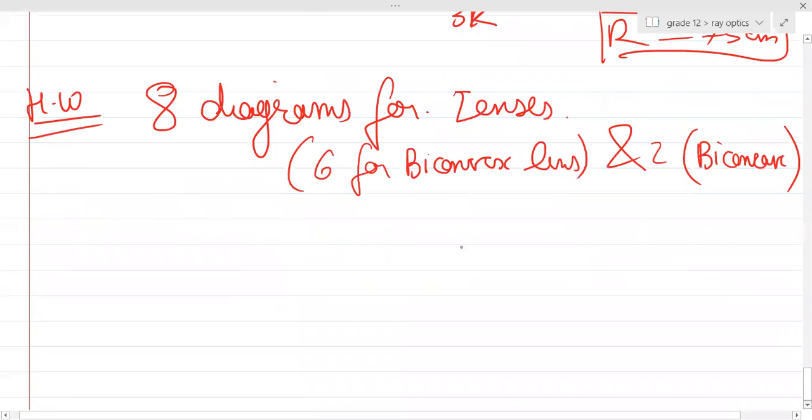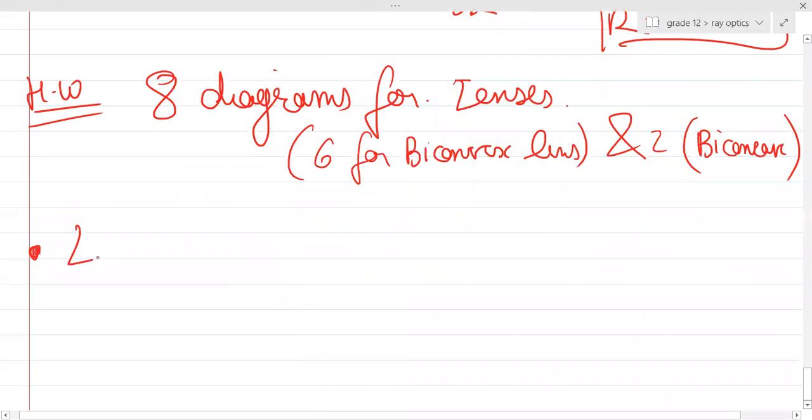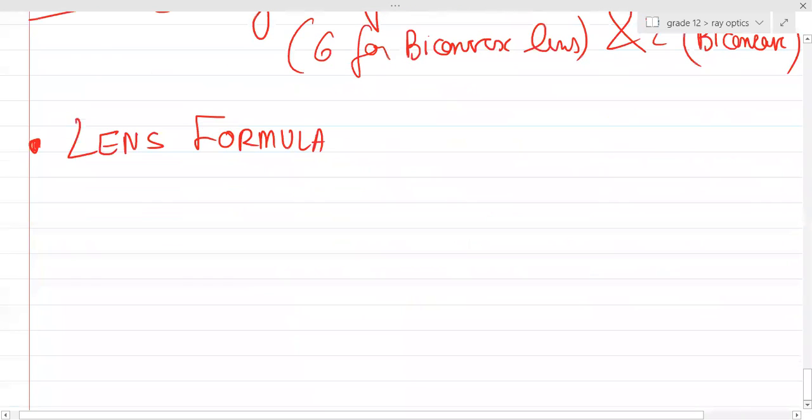Put a heading, lens formula, and let's try to prove it. Although there is no proof for the lens formula in your textbook, I guess, but we can prove it if possible. Let me check.